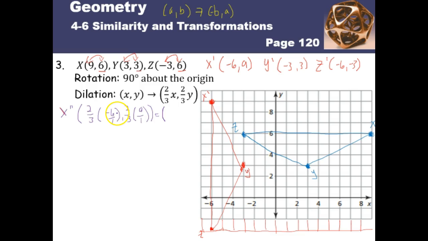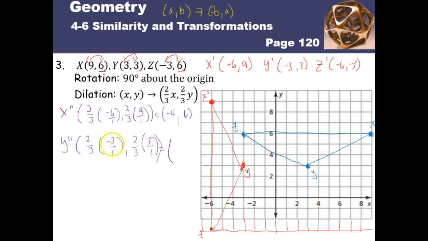So that looks like -12 over 3, which is -4, and 2 times 9 is 18 over 3, which is 6. So x double prime is -4, 6. y double prime, same thing, 2/3, and then the y value is -3 over 1, and then 2/3 times the x value, which is 3 over 1.